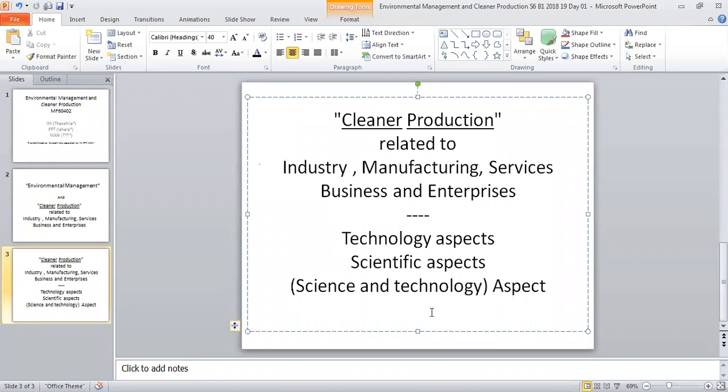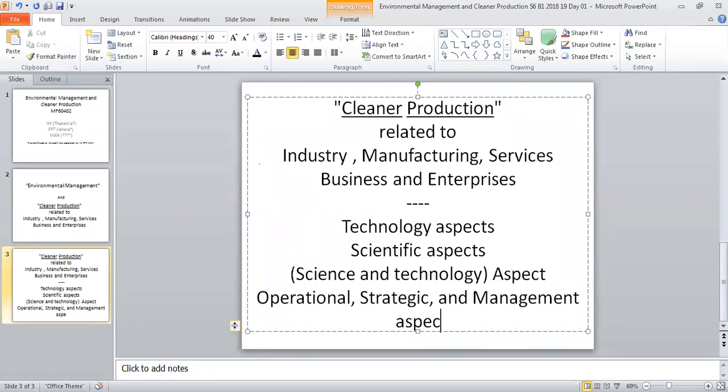Other than that, there can be operational, strategic, and managerial, or let's say management, aspects. There are a lot.